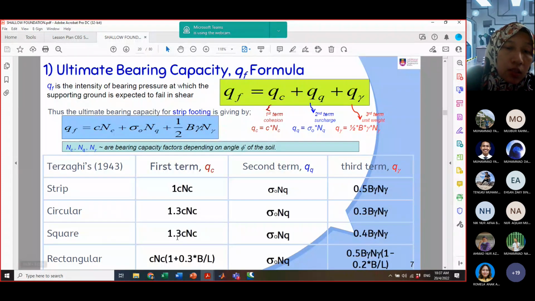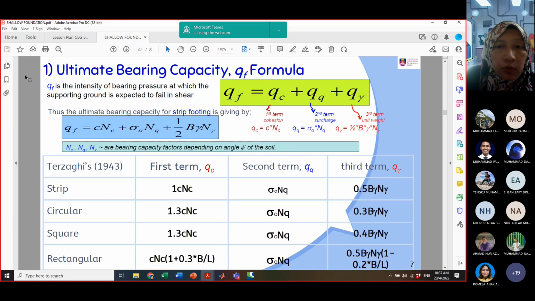For square, it is 1.3 c Nc, second term is maintained, and then the third term will be 0.4 B gamma N gamma. And then for rectangular, c Nc times 1 plus 0.3 times B over L, second term maintain, and then this is the formula for the third term.